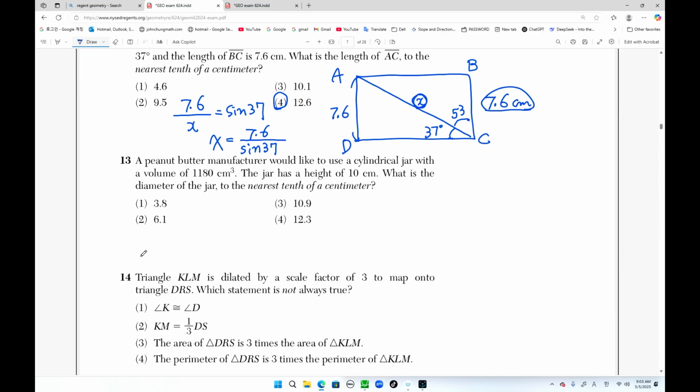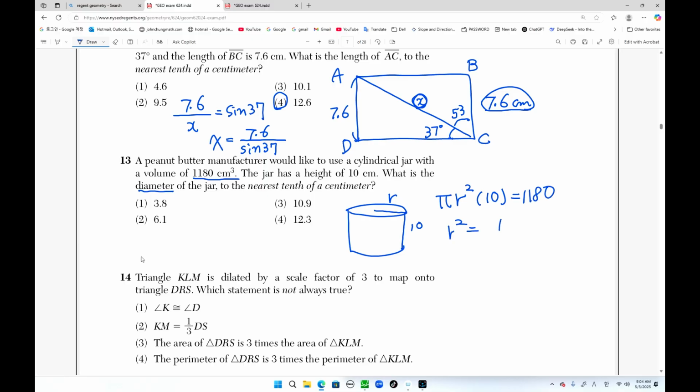Number 13. A peanut butter manufacturer would like to use a cylindrical jar with a volume of 1180 cubic centimeters. The jar has a height of 10 centimeters. What is the diameter, okay? That's your diameter, not radius, okay? If this is r, pi r squared times 10 equals 1180.